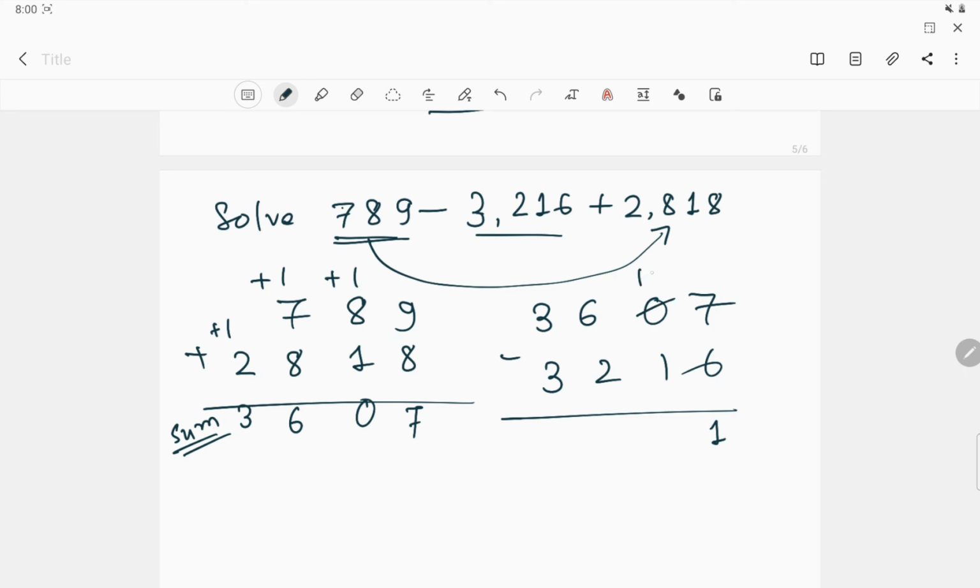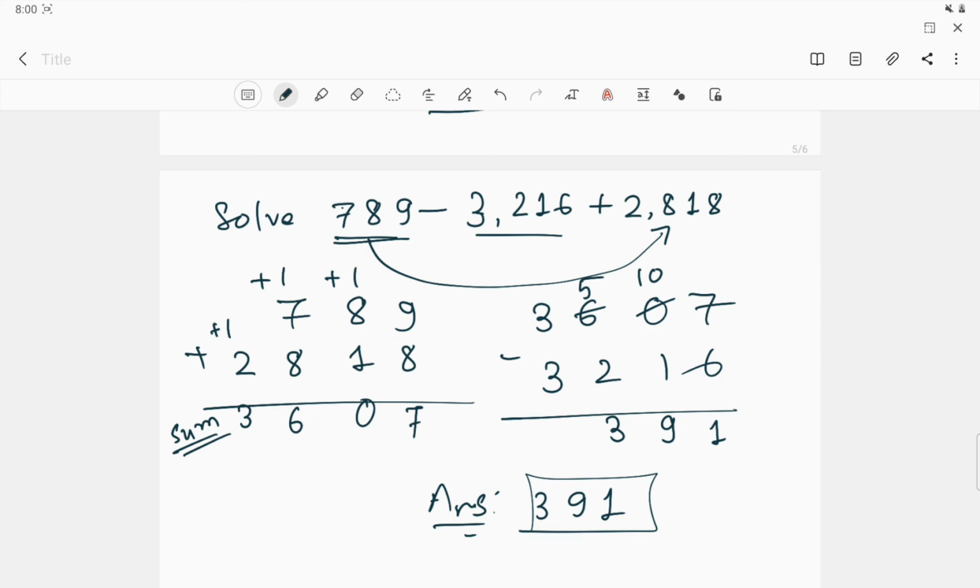So it will be 10, and it will be 5. So 100 means 10 tens. So 10 minus 1 it is 9, 5 minus 2 is 3, and 3 minus 3 is 0. So answer will be 391, right?